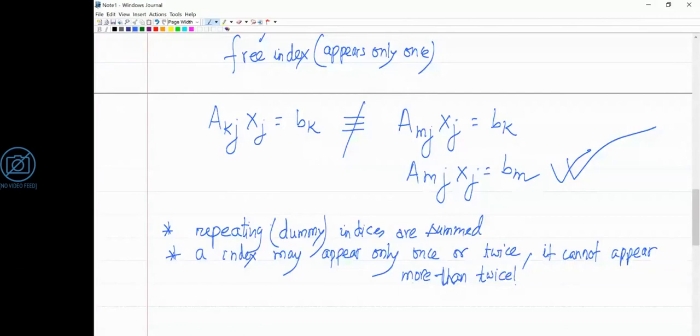If it is appearing only once, then that's the free index. And appearing twice, that's the dummy index.